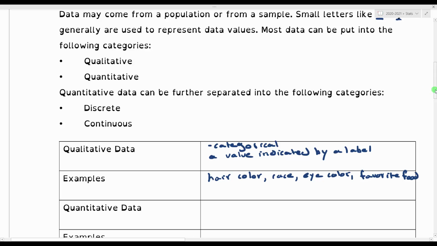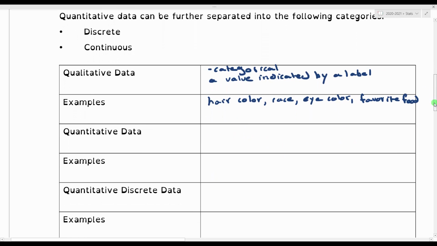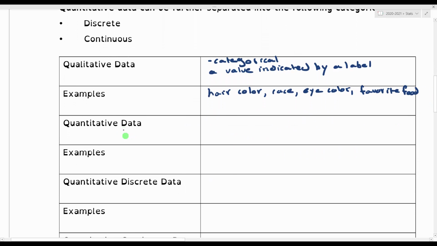Let's compare that to quantitative data. Quantitative data is numerical. I always think of this as the stuff where we end up with numbers when we collect the data. It's a value indicated by a number.